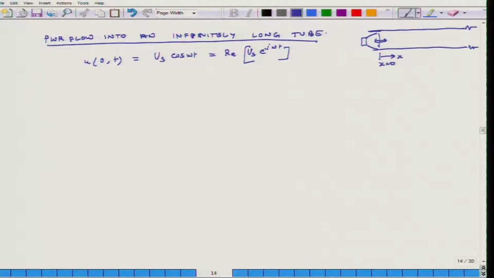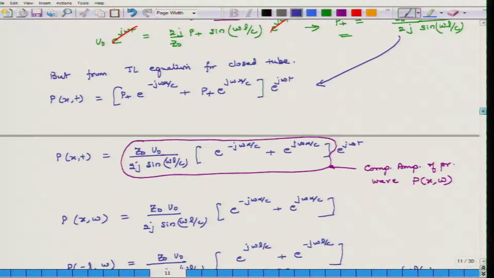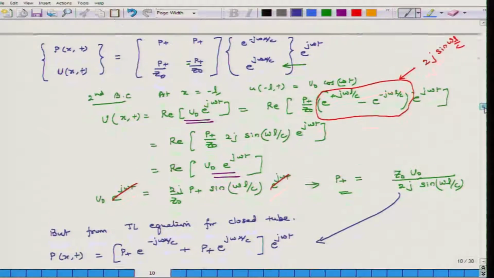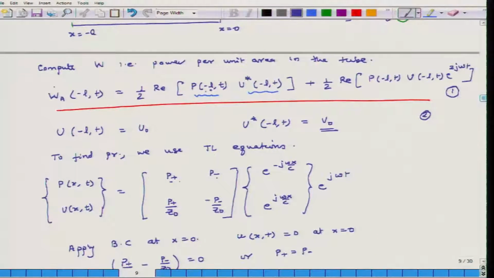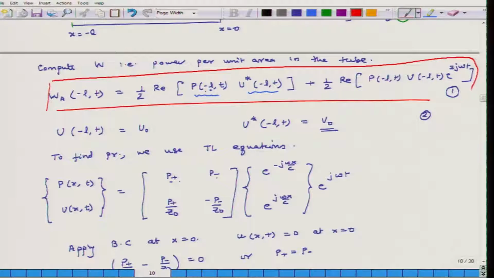Once again we have to calculate the power flow per unit area, and to do that we have to use this relation, and in this relation we have to plug in the values of u star at x is equal to 0, p at x is equal to 0, and u at x is equal to 0.